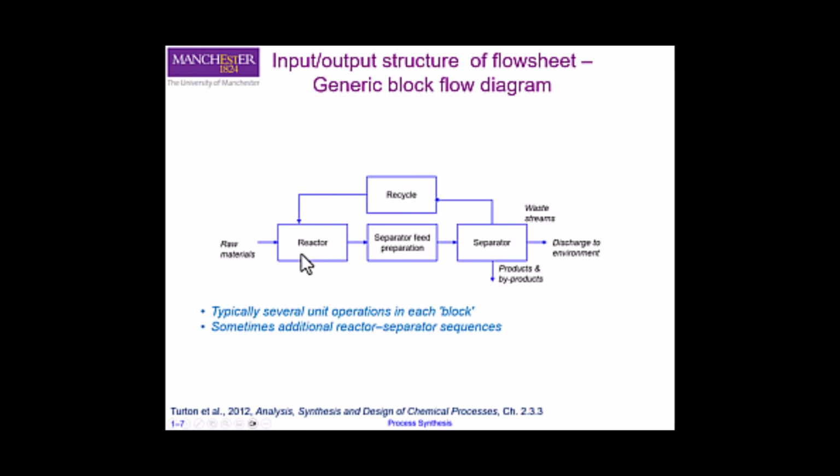Okay, so here, for example, you have raw materials entering the reactor, then we have some product with unreacted material. We feed it into a separator. Maybe we need to increase or decrease the temperature of this feed stream. And then we choose to recycle or not recycle depending on our process. And finally, we discharge the unreacted material or waste into the environment.